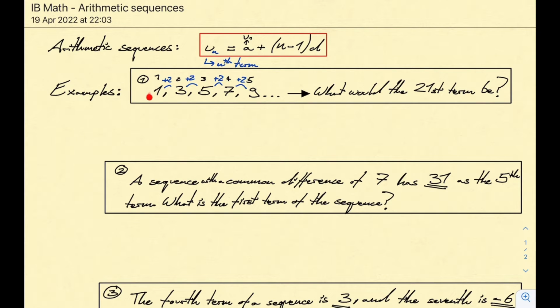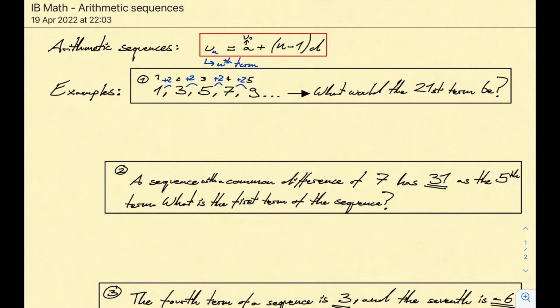In this case, again, this would be 1. This would be our first term of the sequence, because it starts at 1 and then it starts adding 2 every time there's a jump. And then this is plus n minus 1. Now, n is, again, the position of the term we are looking for.